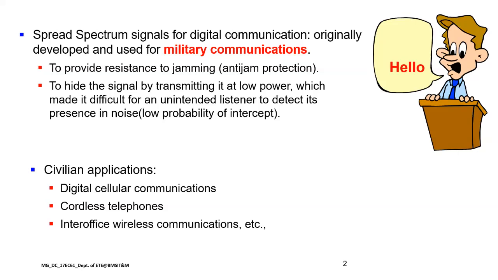Since that pseudo noise code is random in nature, for the unintended listener at the receiver it becomes noise. Only the one who has this code can receive that signal. In that way it provides secure communication.